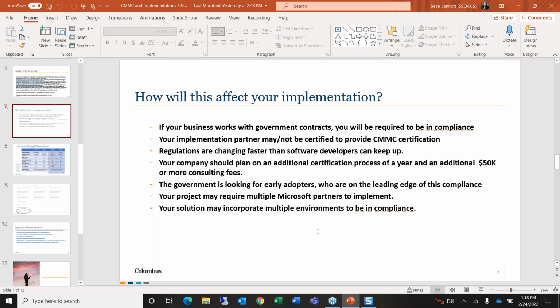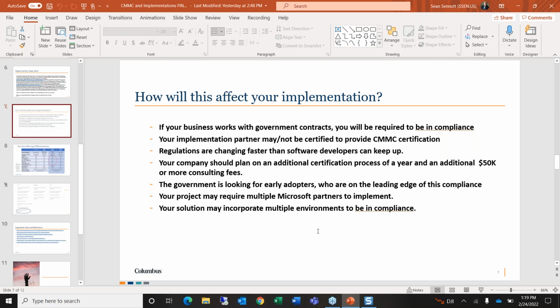This next point, very important, right? The regulations are changing faster than everyone else can keep up. So when they went from CMMC 1 to CMMC 2, that was a big change, and everyone was scrambling. And then if and when they come out with CMMC 3, everyone is in the same boat, right? No one is ahead of this game.